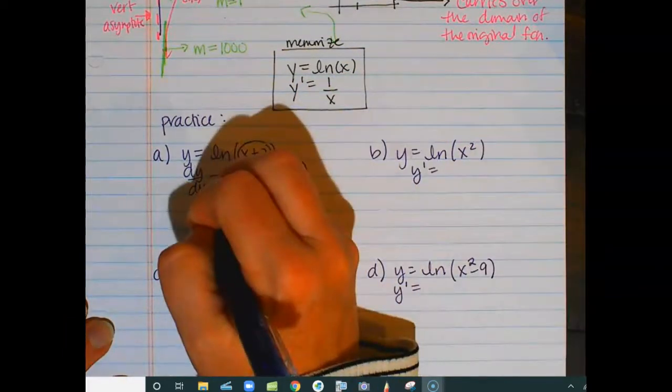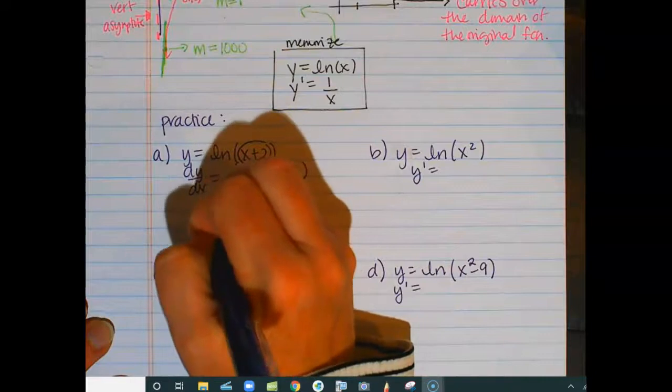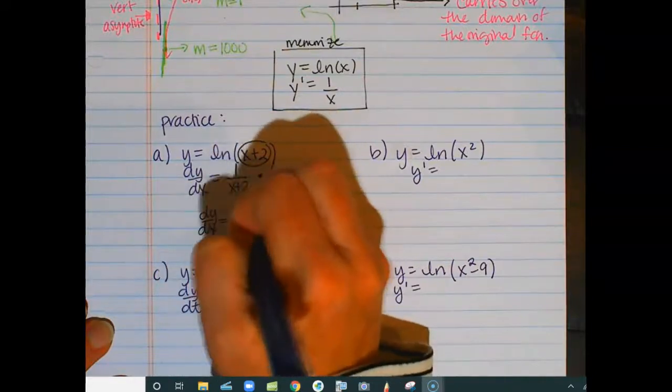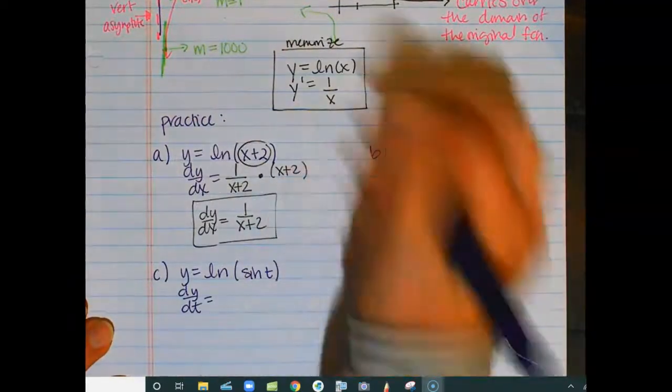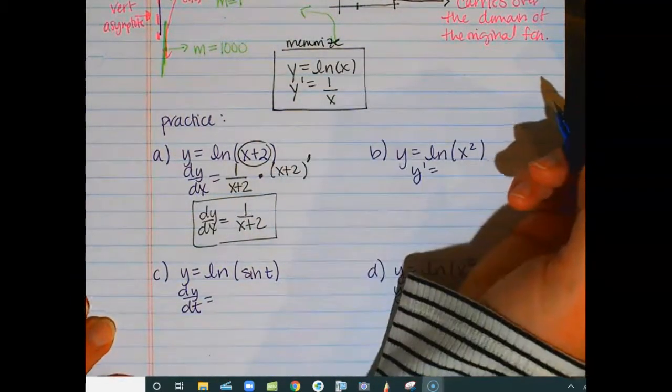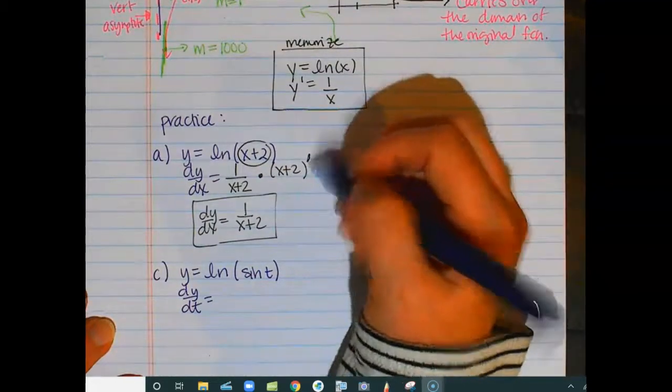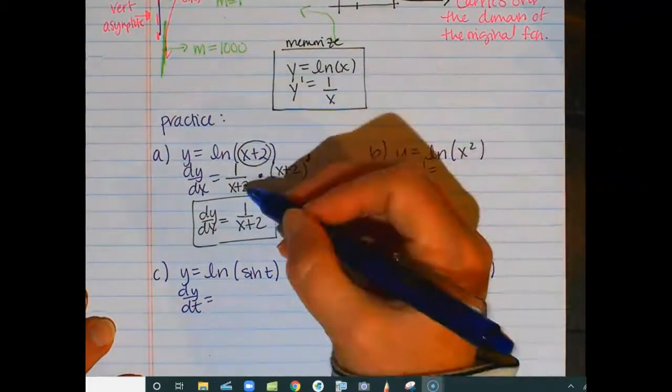So we end up getting dy dx just equals 1 over x plus 2 for A. I said the derivative, but I didn't write it. So its derivative is just 1, and so we get 1 over x plus 2 times 1.